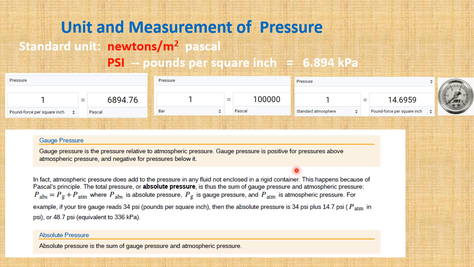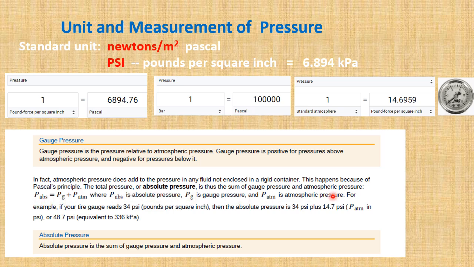Once again, with the gauge pressure, you use the pressure gauge or the meter, and you measure the pressure of your tire, it is not the absolute pressure, it is how much is above. So then you have this relation. You measure from the gauge, say 5 psi. Then the real pressure is 5 plus 14.6. That's the real pressure.